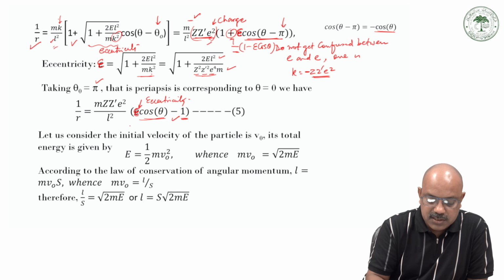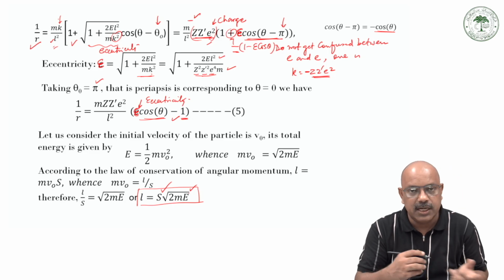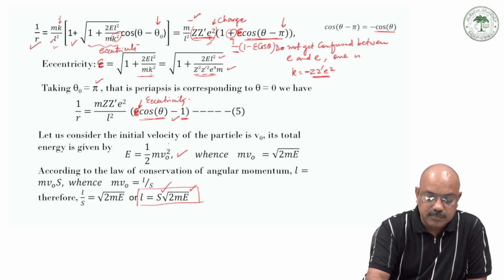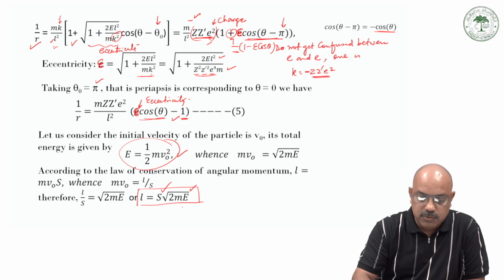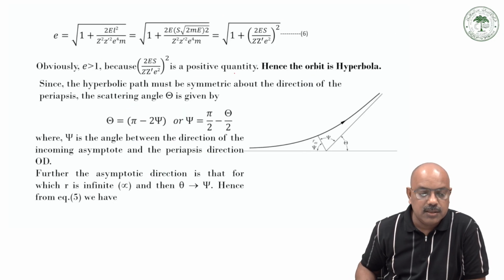And now the relation between the angular momentum and the impact parameter and E, we had already discussed, equating the angular momentum and the kinetic energy. So l is equal to s times the square root of twice mE. Okay, so I'm going to use this in the eccentricity formula.